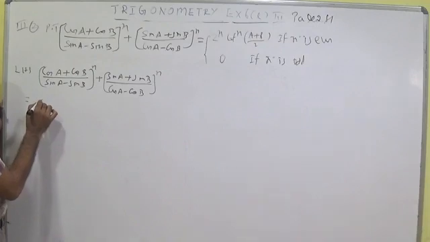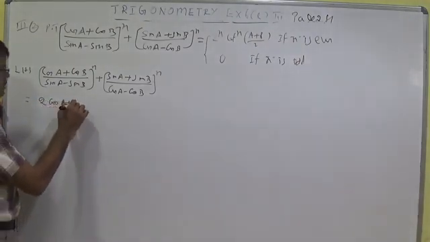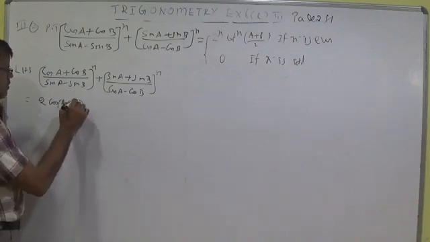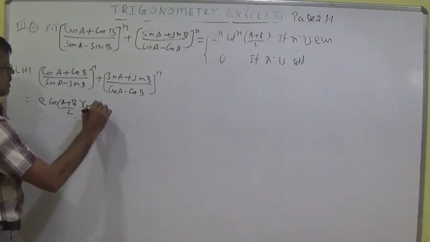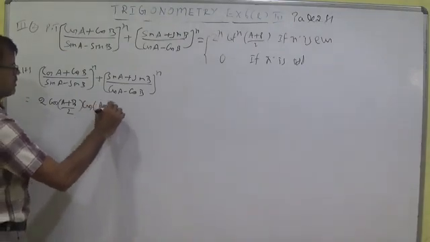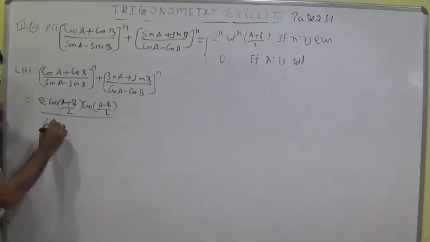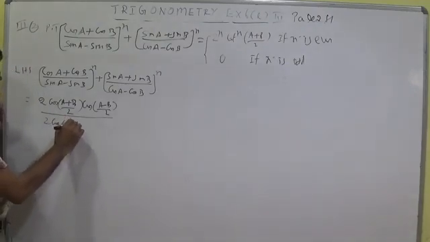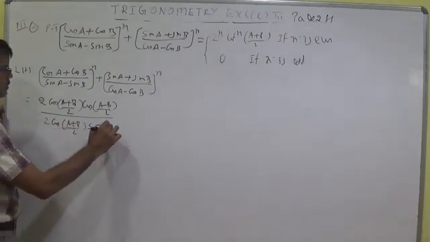Cos C plus cos D formula: 2 cos (C plus D) by 2 cos (C minus D) by 2. Here C plus D became A plus B: 2 cos (A plus B) by 2 into cos of (A minus B) by 2, whole by sin C minus sin D formula: 2 cos (C plus D) by 2 into sin (C minus D) by 2.